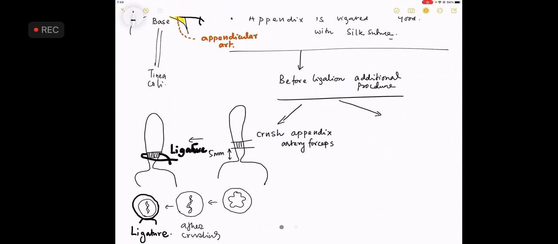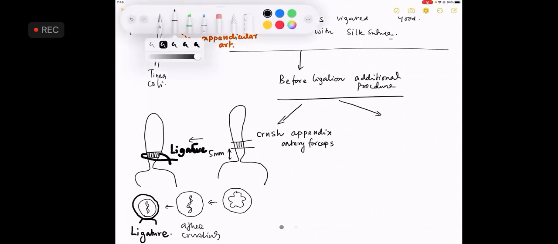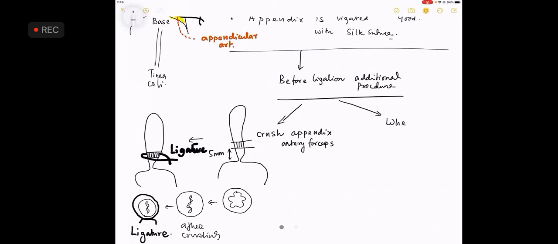Okay, next one. When not to do crushing? When not to do the crushing is in a patient with appendicular perforation and gangrene.